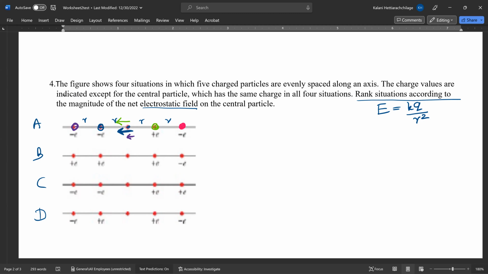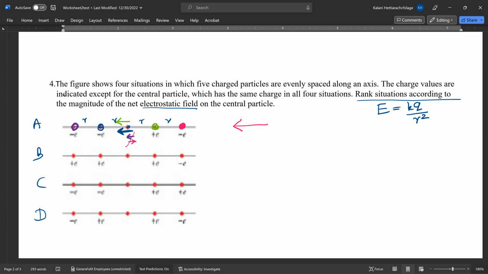There is a negative charge, and the electric field is created towards the negative charge. That means at this point, it will be the same size arrow as the purple. Then these two are going to cancel out. And finally, I have a net electric field in this direction for the top, my A, right?